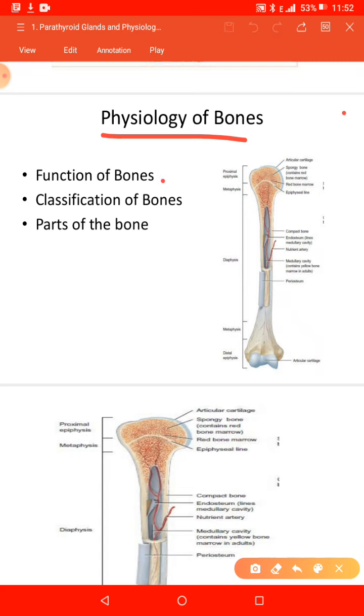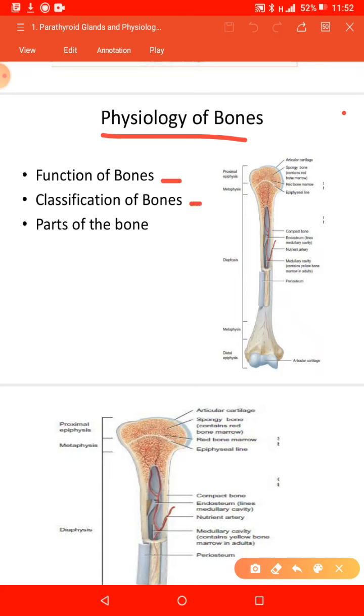Some of these things you covered in your anatomy and histology classes, but it's important to mention some of the functions: protective functions, mechanical functions, metabolic functions, and hematopoietic functions. The bones are also involved in production of red blood cells. This one we call hematopoietic function.